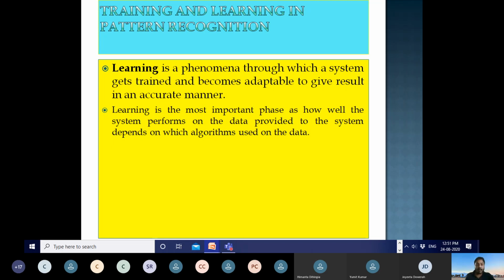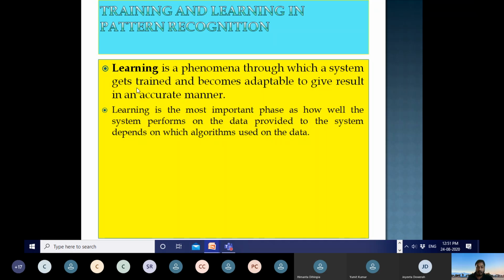See, this term is very important. We can define learning as a phenomenon through which a system gets trained and becomes adaptable to give results in an accurate manner. What is more important in this definition is that for the learning process, the system is being trained, right?